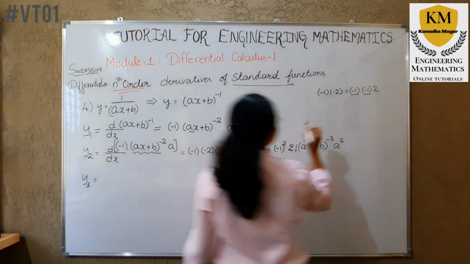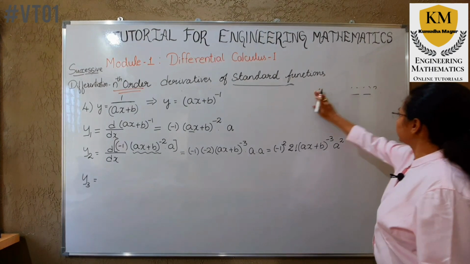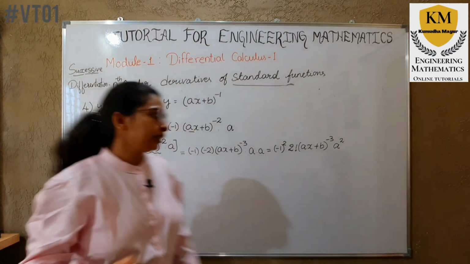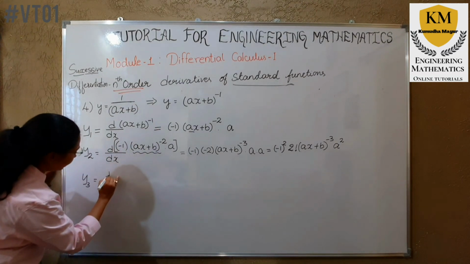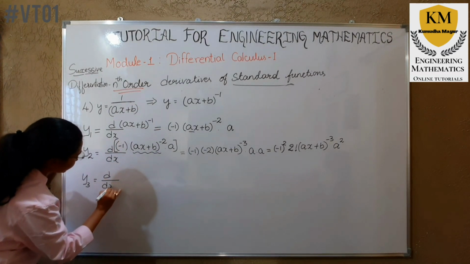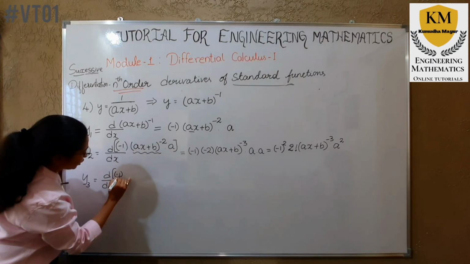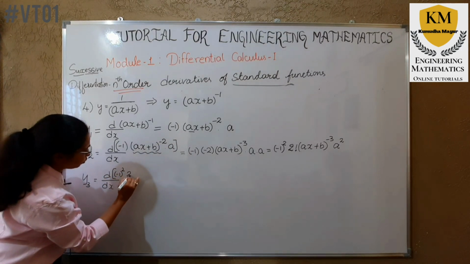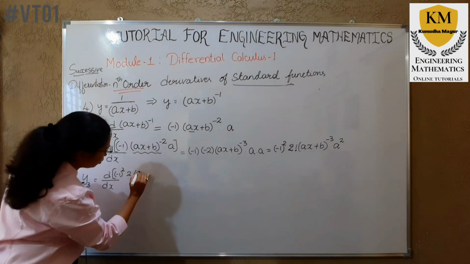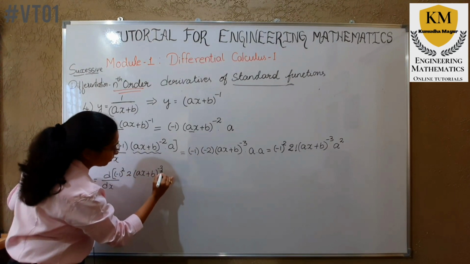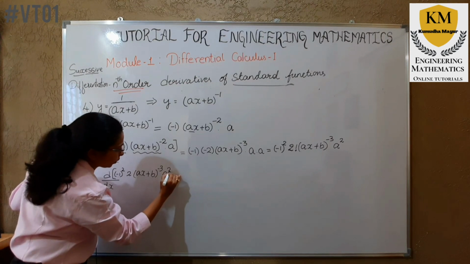And here I'll just erase this. And let me start with the third derivative, d by dx of minus 1 whole square 2 into (ax plus b) to the power minus 3 into a square.